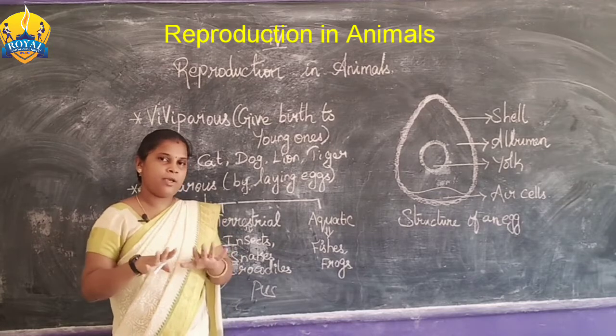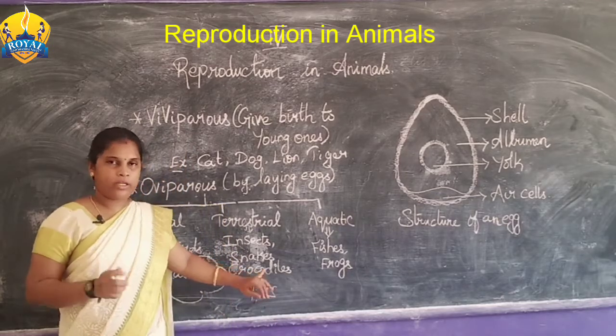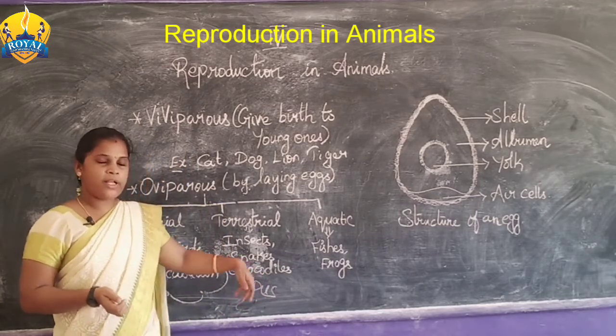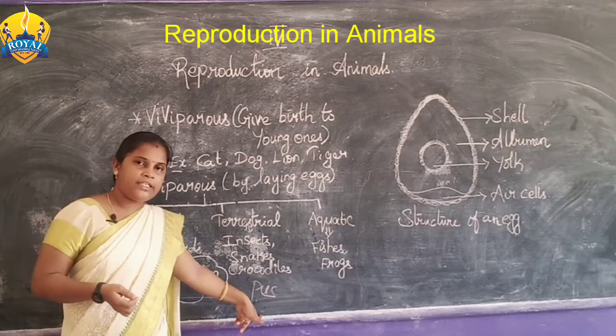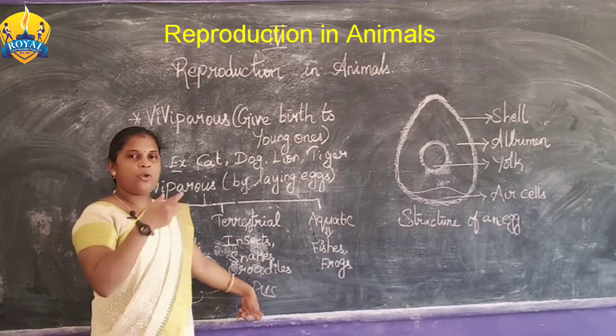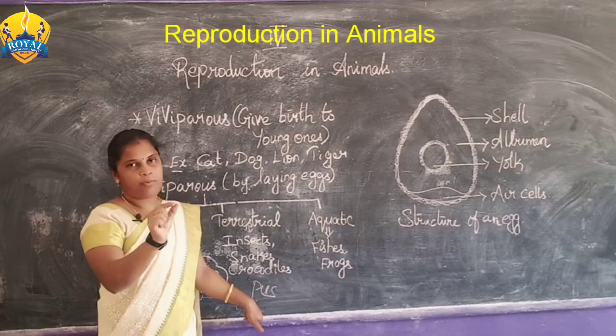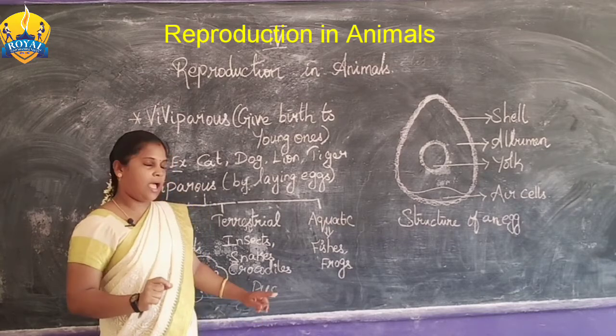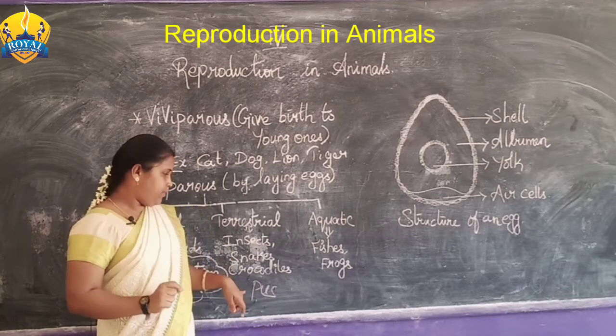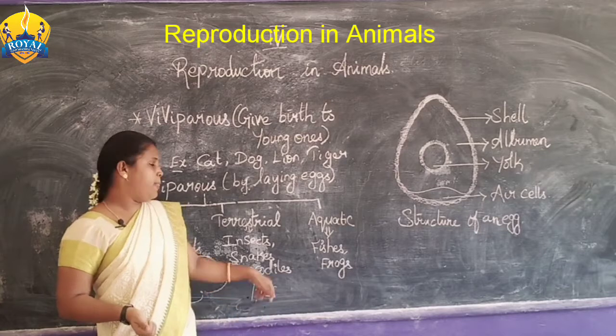They keep them safely in the water. So this is the type of snakes, crocodiles and alligators. What is an alligator? That also looks like a crocodile, but its mouth is very sharp. It has a sharp pointed mouth. That is an alligator.